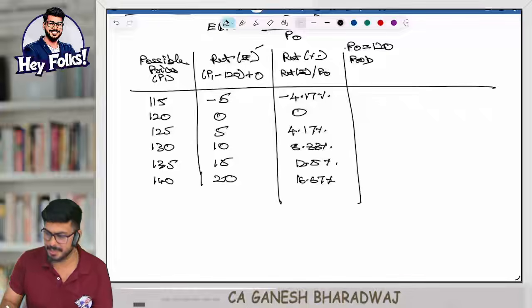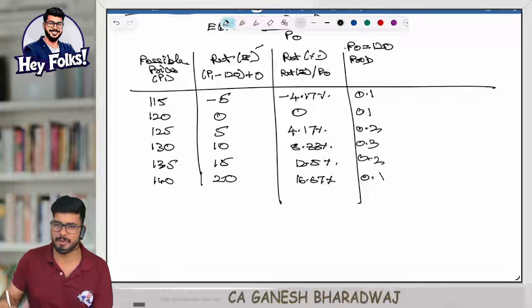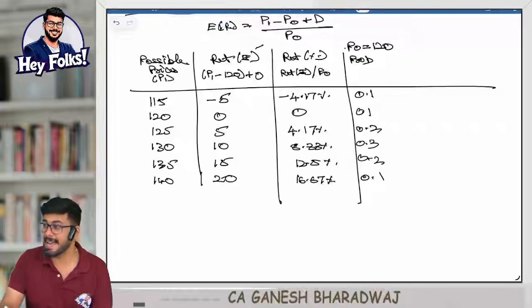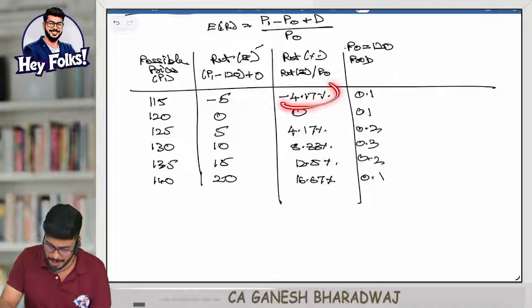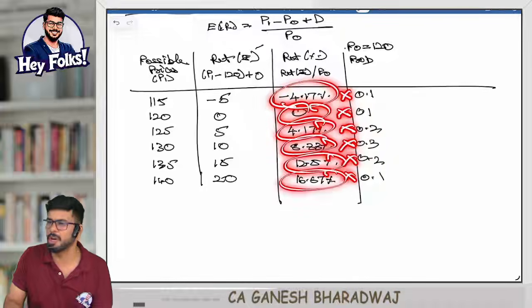The different possibilities given in the question are 0.1, 0.1, 0.2, 0.3, 0.2, and 0.1. Obviously, if you total, it has to be equal to 1. So now, can I say the expected return will be this into 0.1 plus this into 0.1 plus this into 0.2 plus this into 0.3 plus this into 0.2 plus this into 0.1. Am I right, guys?